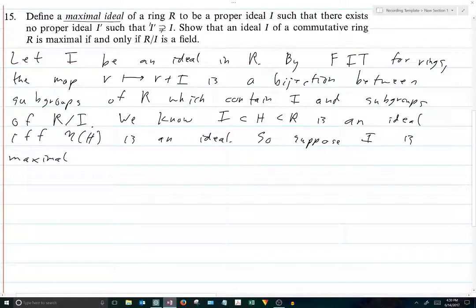Oh, it's not the fundamental isomorphism theorem, it's the first isomorphism theorem for rings.